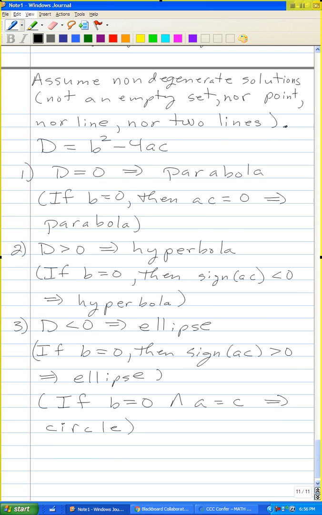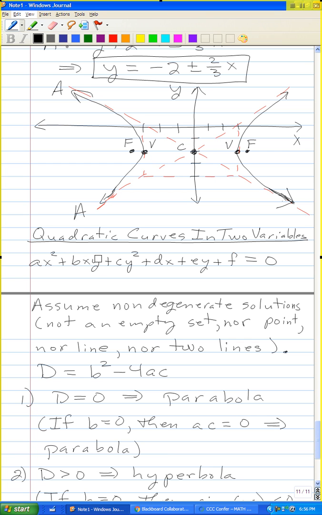So if the xy term is 0: if one of the square terms is missing, parabola. If the signs of the square terms are different, hyperbola. If the signs of the square terms are the same, it's an ellipse. If not only are the signs the same, but they're actually the same number, then it's a circle.